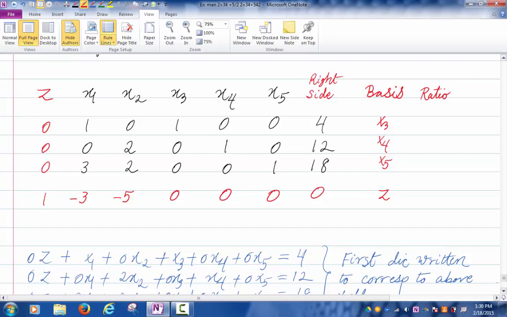My test for the entering variable will be now what in terms of this array? How did we choose an entering variable before? Anyone? Look at the row for z.